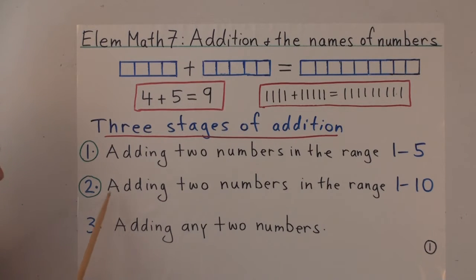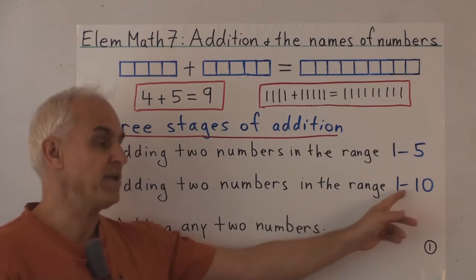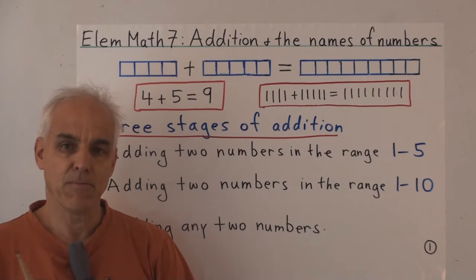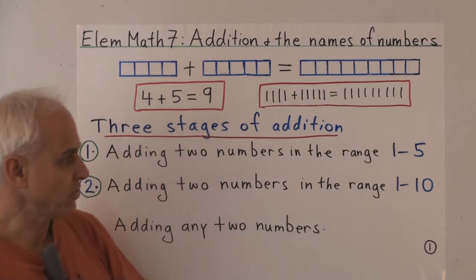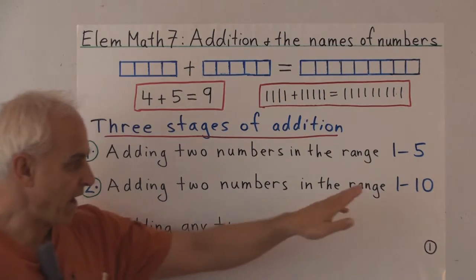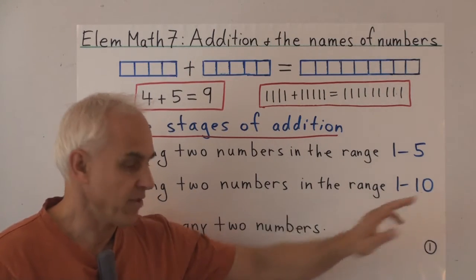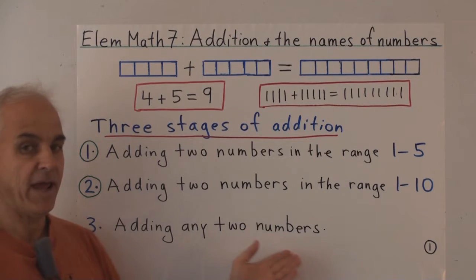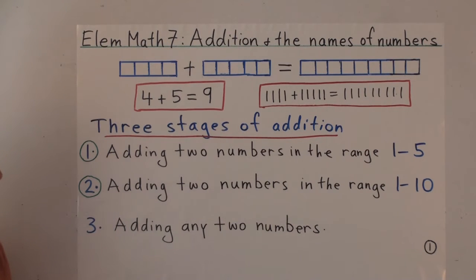And then the next step, which is really a step up, is to add two numbers in the range 1 to 10. It turns out that's quite considerably more sophisticated. So students should start with addition in the range 1 to 5 and then move up to addition in the range 1 to 10. And then only after that, the third stage is moving towards adding any two numbers.